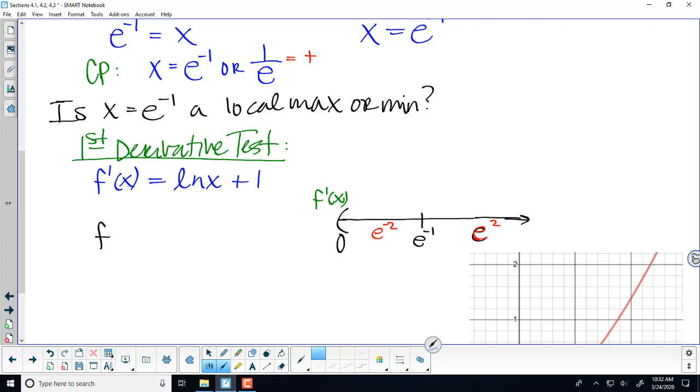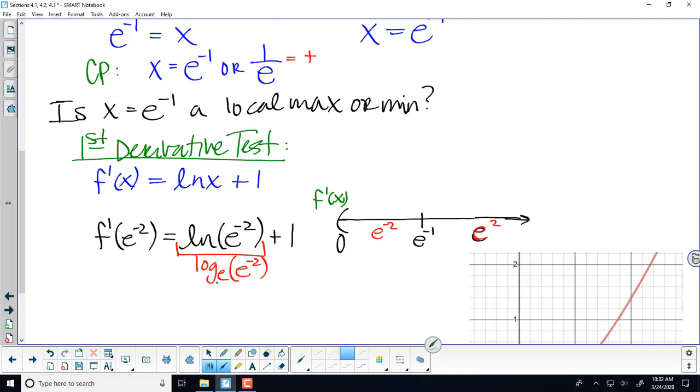So if I test e to the negative second in my first derivative, that's the natural log of e to the negative second plus 1. So here's our properties again. Remember, this is log base e of e to the negative second. When these bases are the same, then the exponent there is our value.